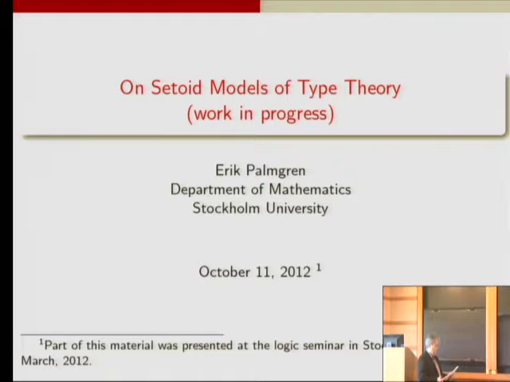However, we would like to use model constructions inside type theory itself, and perhaps also to verify properties of the model with the help of proof assistants such as Coq, which are then based on a type theoretical language. So it seems that we have to rethink how we formulate these models in a suitable language for type theory, and that is what I'm going to discuss in this talk.